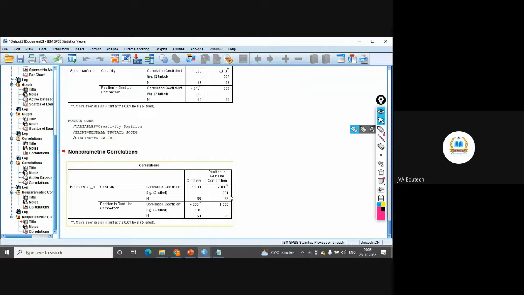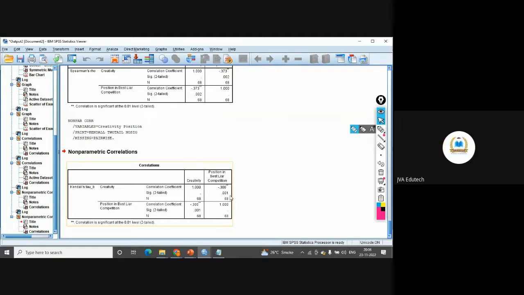It means the more creative they are, the rank number decreases. High creativity score means a lower rank number, like one or two, and the person is turning out to be a better liar. Their position is improving in the better liar competition. Is that clear? Yes, sir.